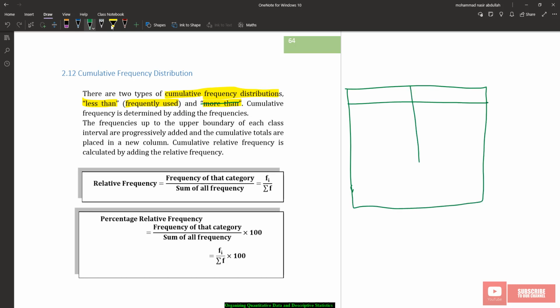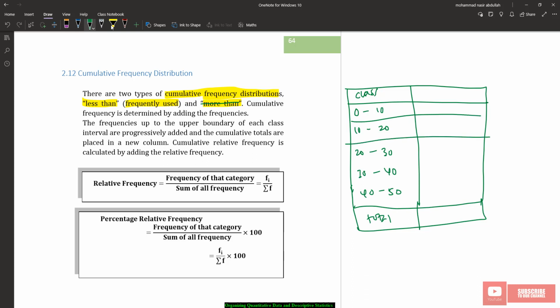So let's say we have a class from 0 to 10, 10 to 20, 20 to 30, 30 to 40, and 40 to 50, and the total here. Let's say this is an example of a frequency table for quantitative data.